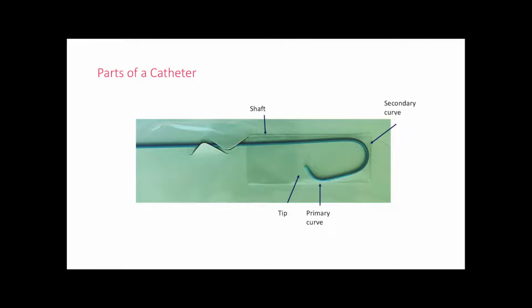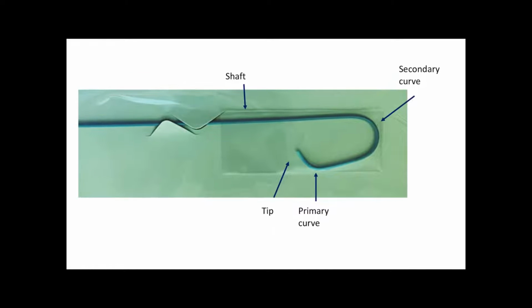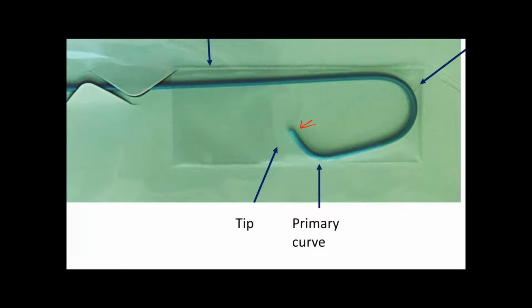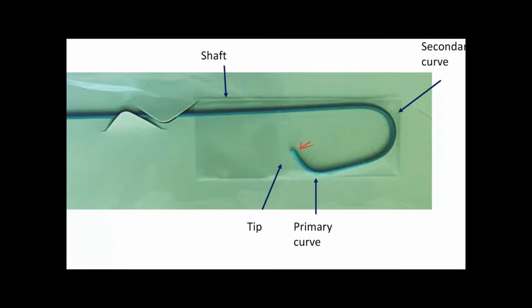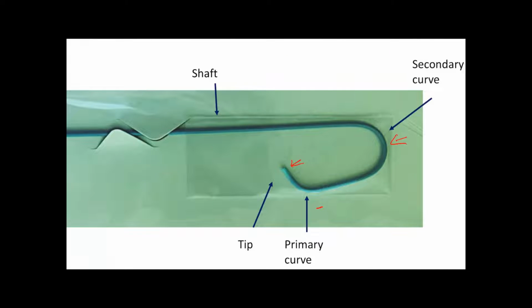If you see the structures here, this is a snapshot of a JL diagnostic catheter. Obviously you have a tip. You can see that it is atraumatic, it's of a different color. The distal curve, that is the curve nearer to the tip, we call the primary curve, and the curve proximal to the primary curve, we call the secondary curve.